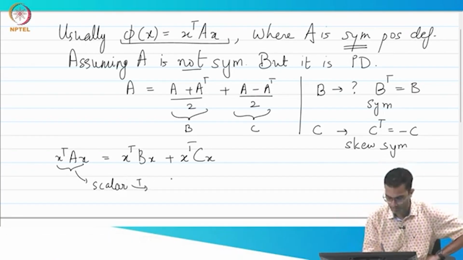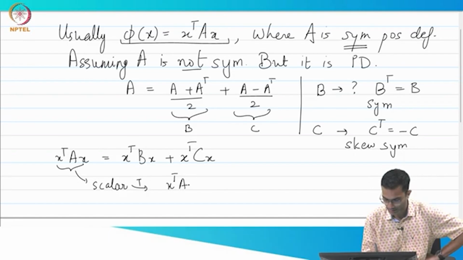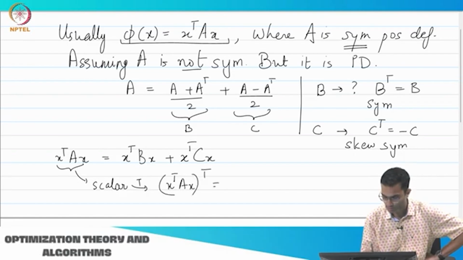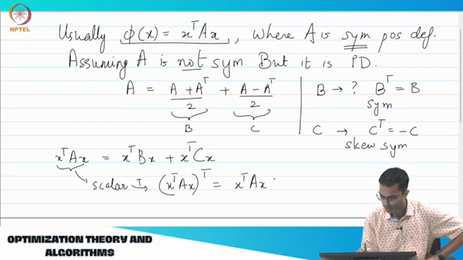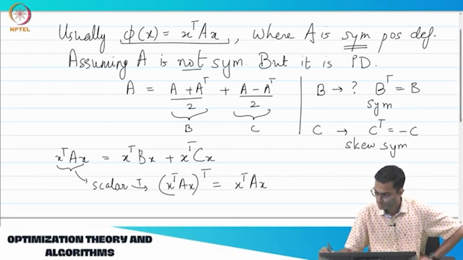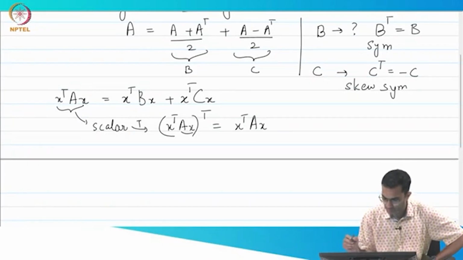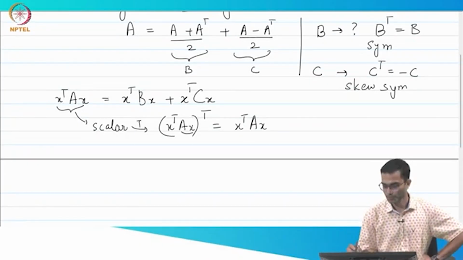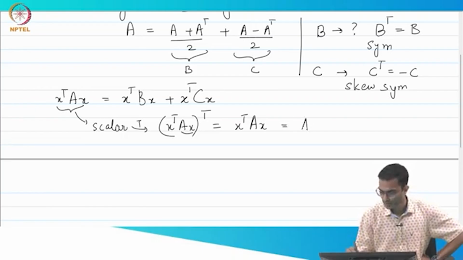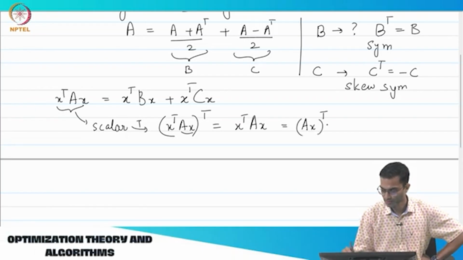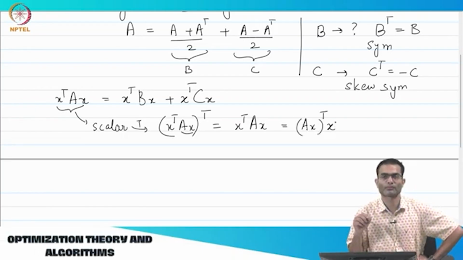So if I do a transpose, that means x transpose Ax should be equal to its own transpose. I'm going to group these two together so that we can open up the transpose operation. So this is going to be (Ax) transpose x.